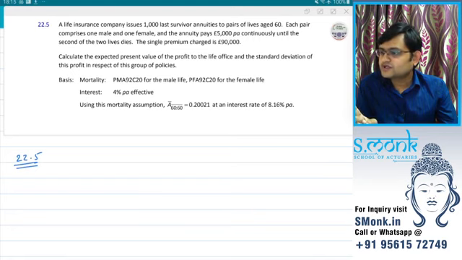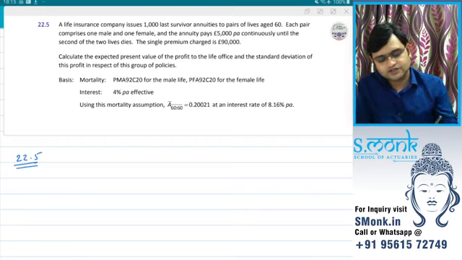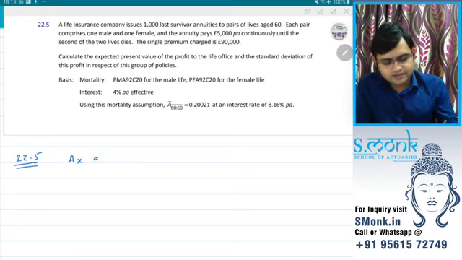Then they have also said using this mortality assumption, Ā_{60:60} is given as this much at an interest rate of 8.16% per annum. Now what does that mean? When we say A_x at the rate of 8.16%, that is basically 2A_x at 4%.